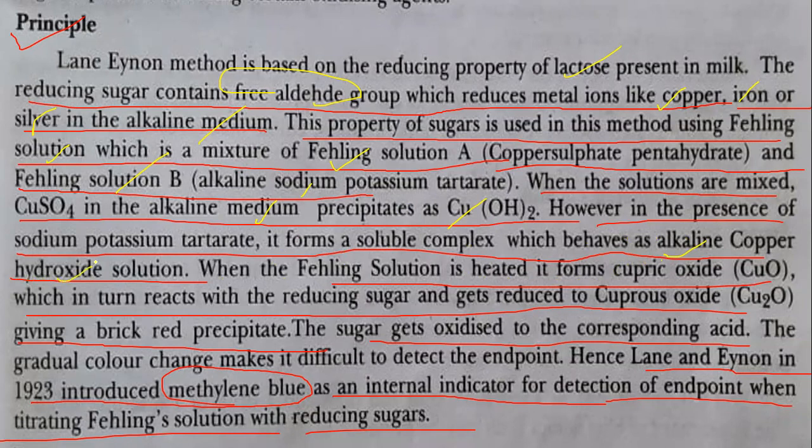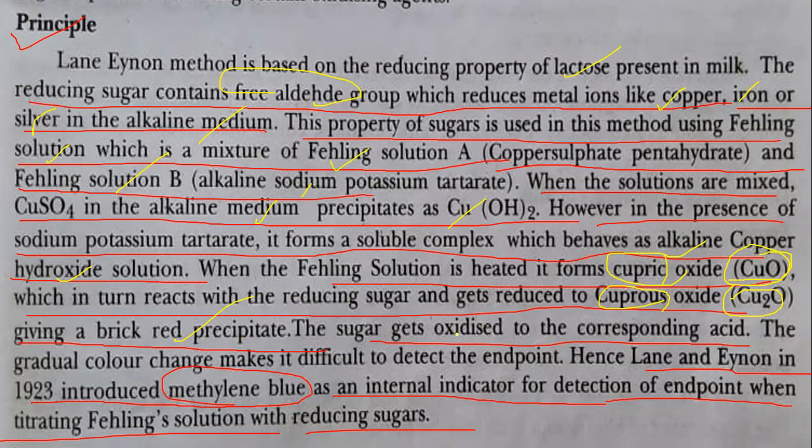When Fehling's solution is heated, it forms cupric oxide, which in turn, with the reducing sugar, gets reduced to form cuprous oxide. It gives a brick red precipitate, and the sugar gets oxidized to the corresponding acid.